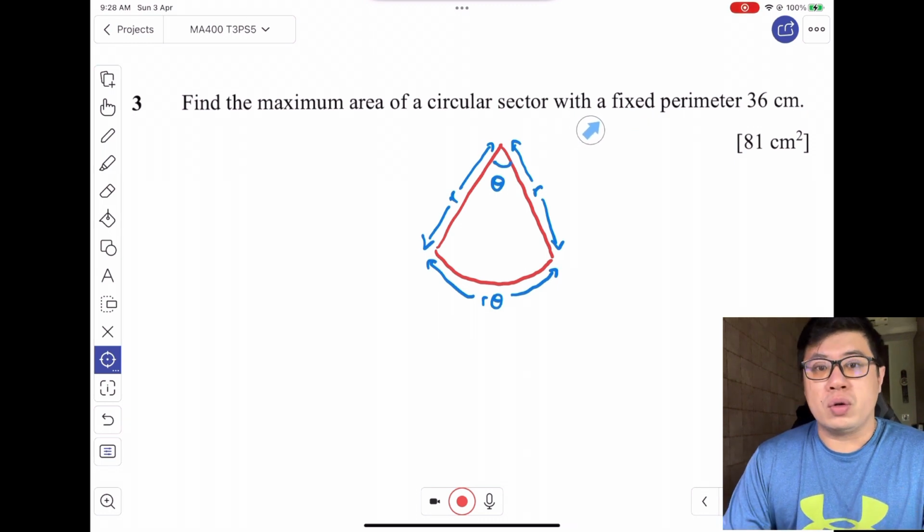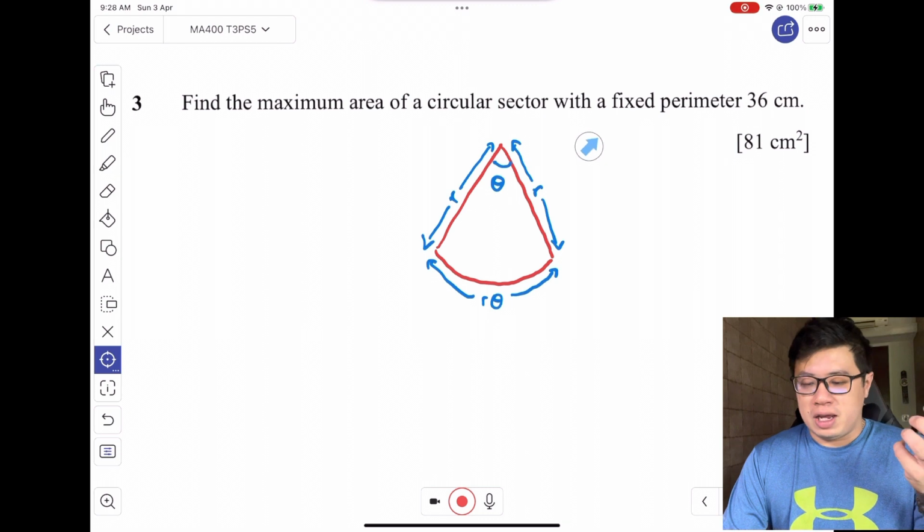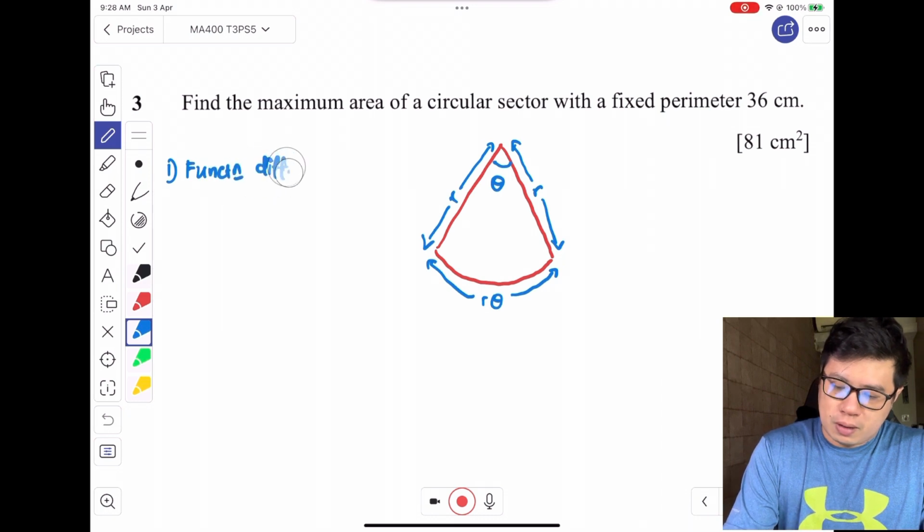Remember that when we look at the steps of maxima and minima, first of all, we need to identify the function to differentiate in terms of one variable. So step 1, we always need to have the function, and it should be in terms of one variable.